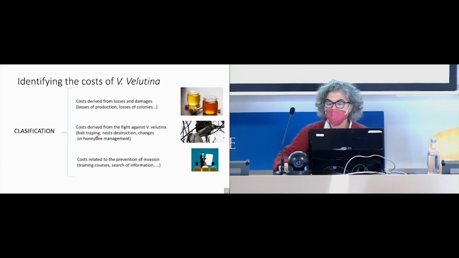And costs derived from the fight against Vespa velutina, like bait trapping, nest destruction, changes in honeybee management, etc. And costs related to the prevention of invasion, like training courses, search of information, burdened by beekeepers.